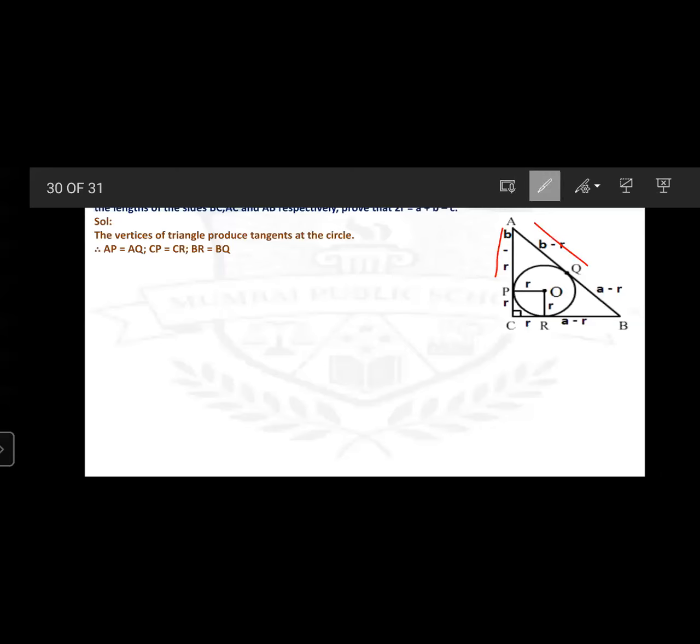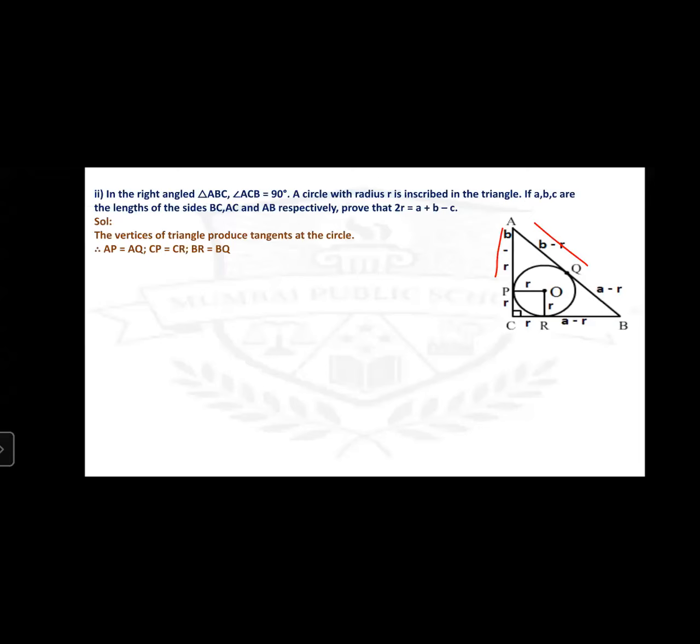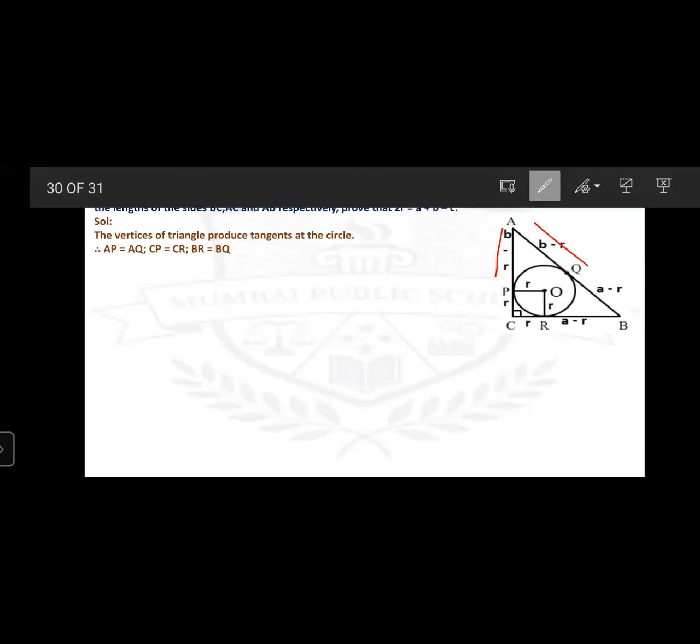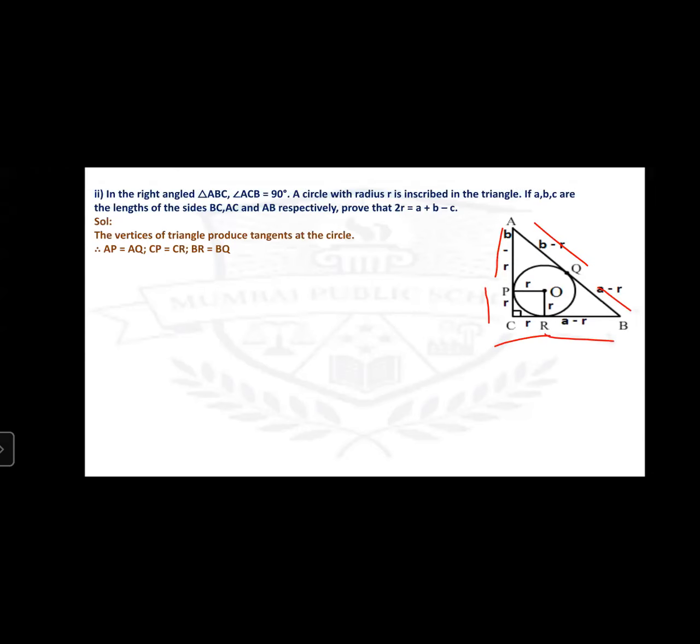First we write. Okay. Now CP is equal to CR, and similarly we write BR is equal to BQ. Clear? Okay. Now next. So AB is given, AB is equal to C, AC is equal to B, and BC is equal to A. Now consider this small quadrilateral CPOR.